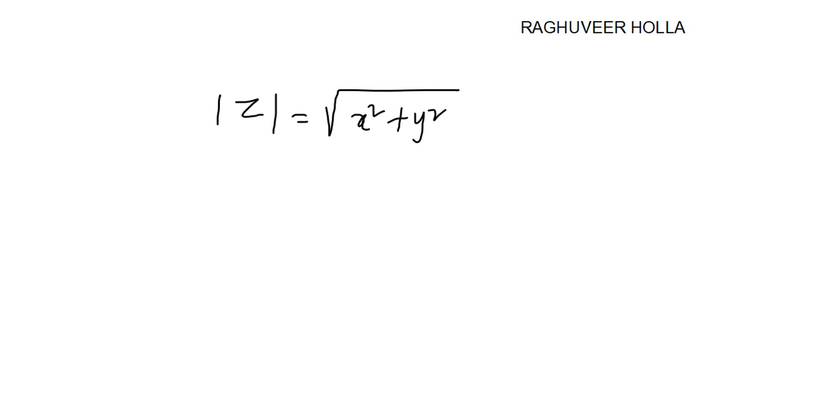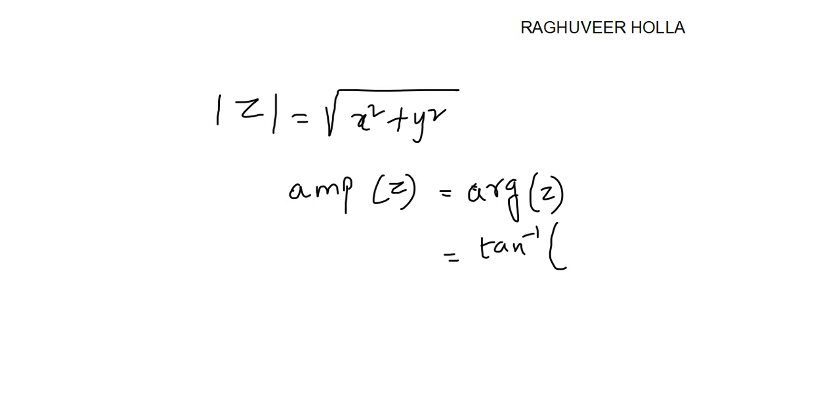That is amplitude of z, or it is also called argument of z, which is tan inverse of y by x.